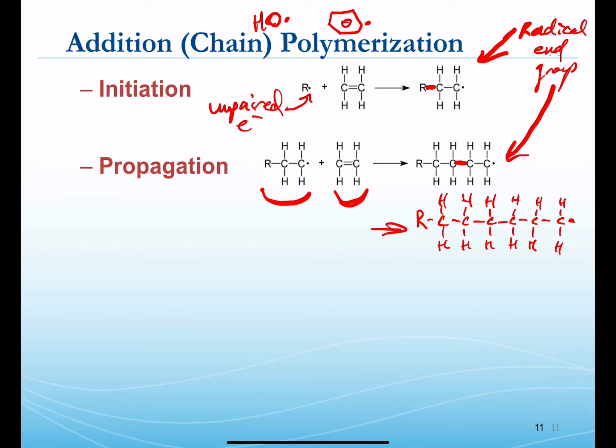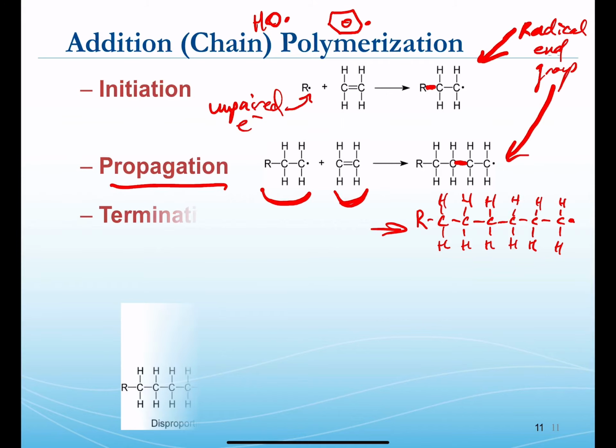The next one would be even further and further still. Okay, so this is the most dominant reaction that happens in addition chain polymerization of these unsaturated monomers, and it's the reaction that builds the molecular weight often very quickly into perhaps even 1 million molecular weight in some cases.